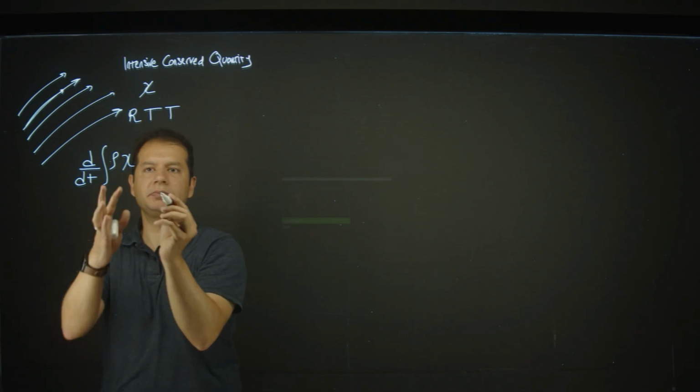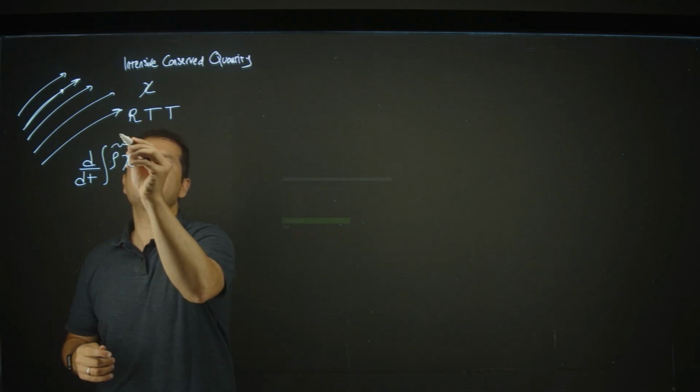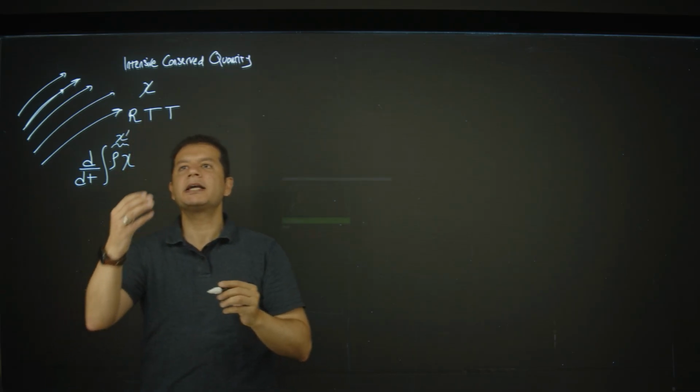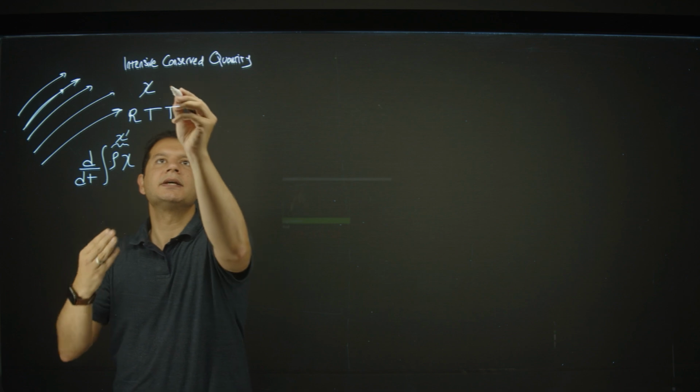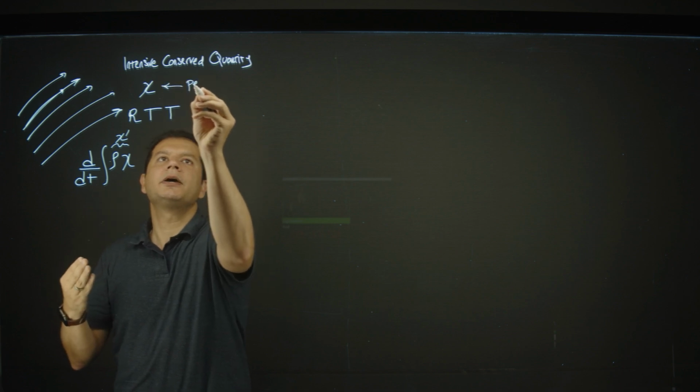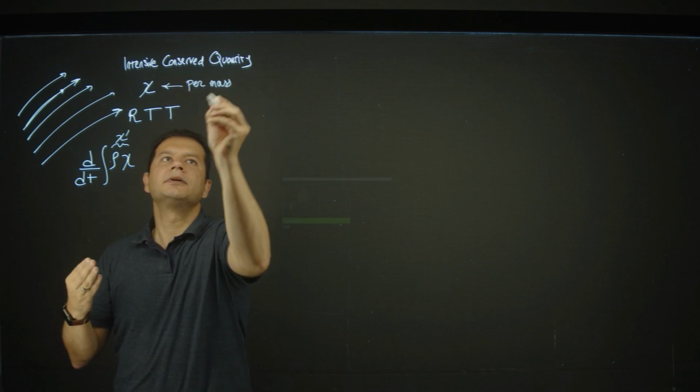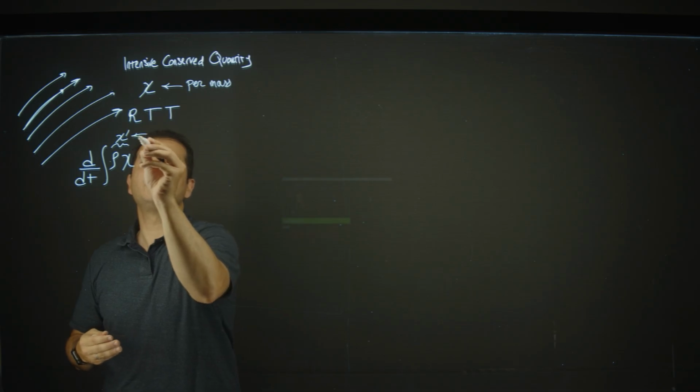So rho X can be called X prime. X prime is per volume, X is per mass.